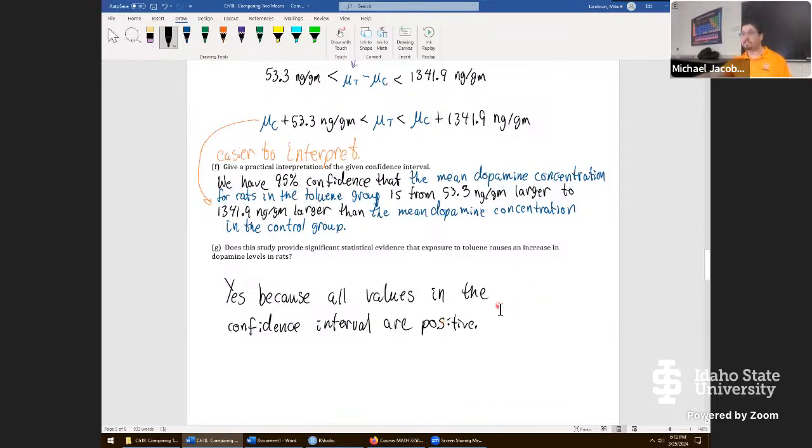Didn't have to be a big response on this one. Really, it's these kinds of things where we're giving a practical interpretation using a context, and we have to be pretty specific on how we write it out. But if it's just a kind of a yes/no question, then a yes or a no would have sufficed. I think I should have put explain here if it was a real exam question.